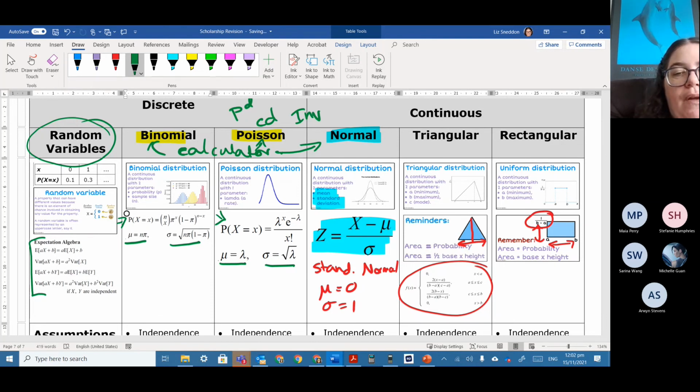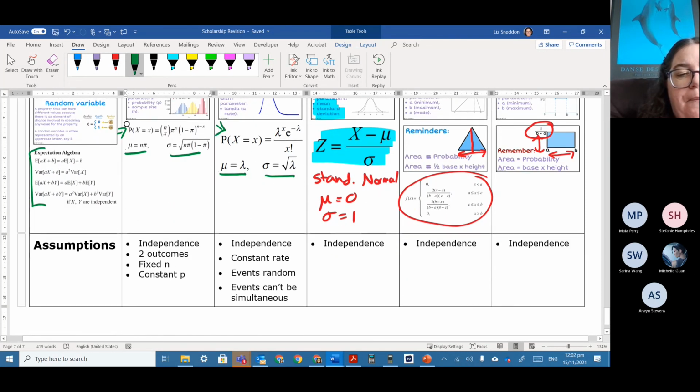It tends to be more the normal, the Poisson and the binomial. Those are the three most common because they're the three distributions used most in real life. Triangular and rectangular might come up a little bit, but the normal, binomial, and Poisson are the three that I see every year in the exam.